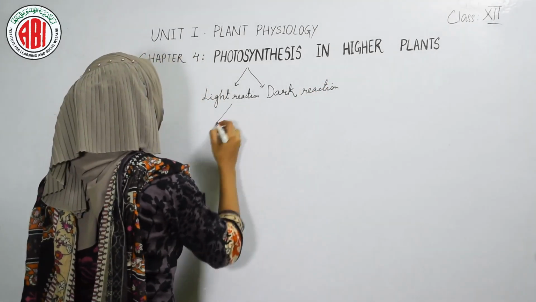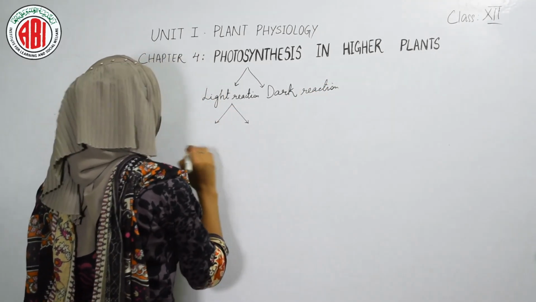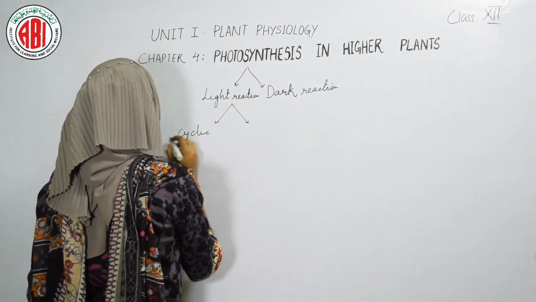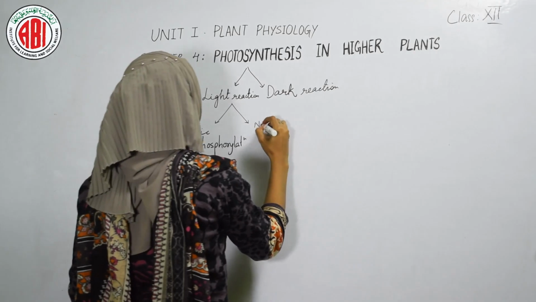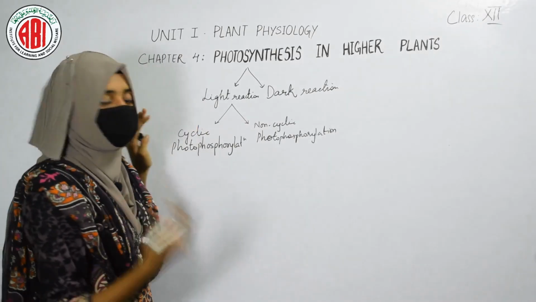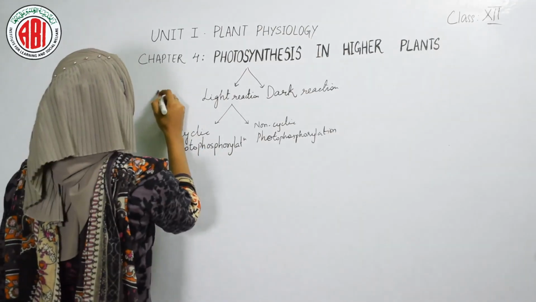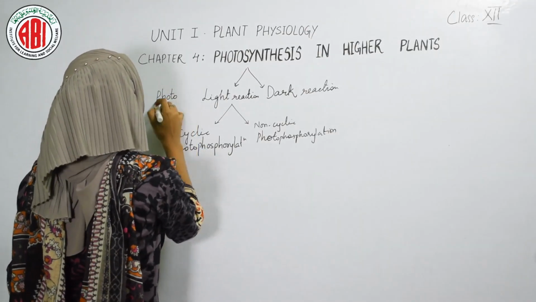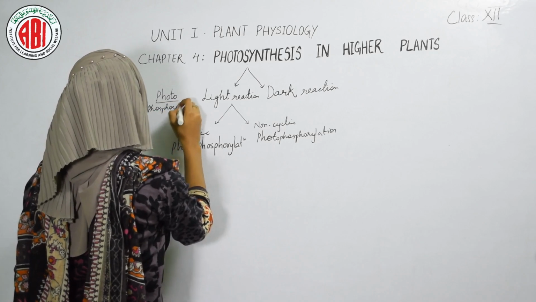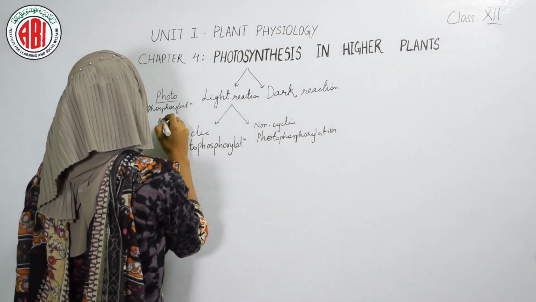This light reaction is again classified into two main processes, that are cyclic photophosphorylation and non-cyclic photophosphorylation. So this light reaction can also be termed as photophosphorylation. Here photo means light and phosphorylation means adding a phosphate group to synthesize ATP.